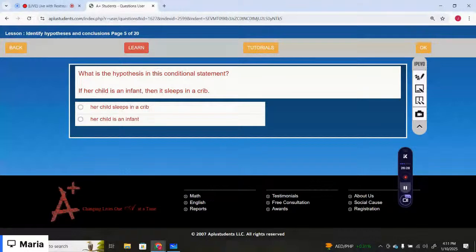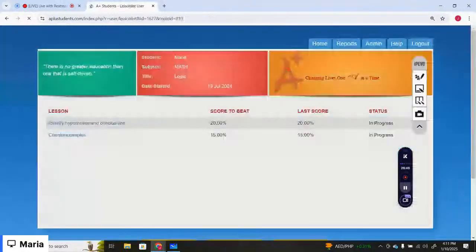If her child is an infant, then it sleeps in a crib. So you have to find the hypothesis. The if part is the hypothesis. So her child is an infant is the hypothesis, right? Okay, you can complete the lesson by yourself later today. Let's just move on to the next lesson.